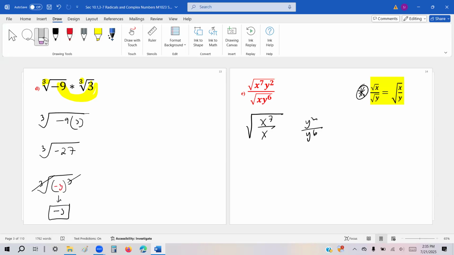You can simply write once, and then just work with them separately. In division, what do you do with the powers? Smaller from bigger, right? So 7 is bigger, so we keep 7 and subtract the 1 from the denominator.